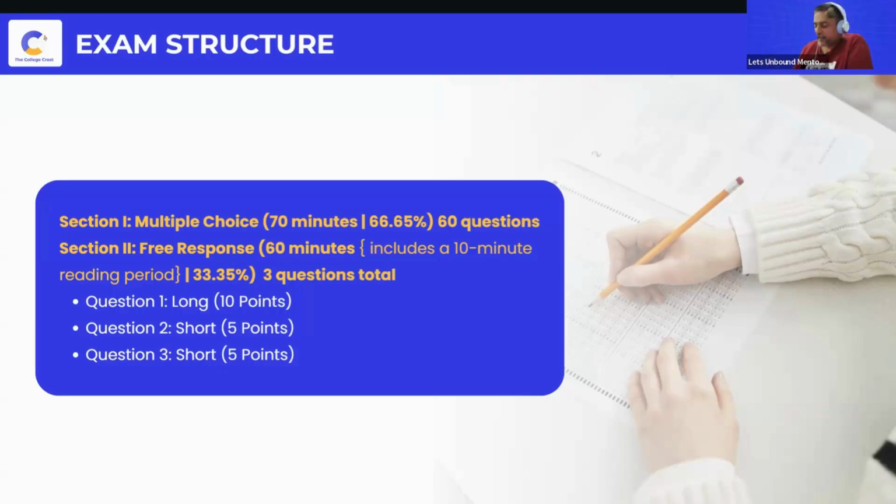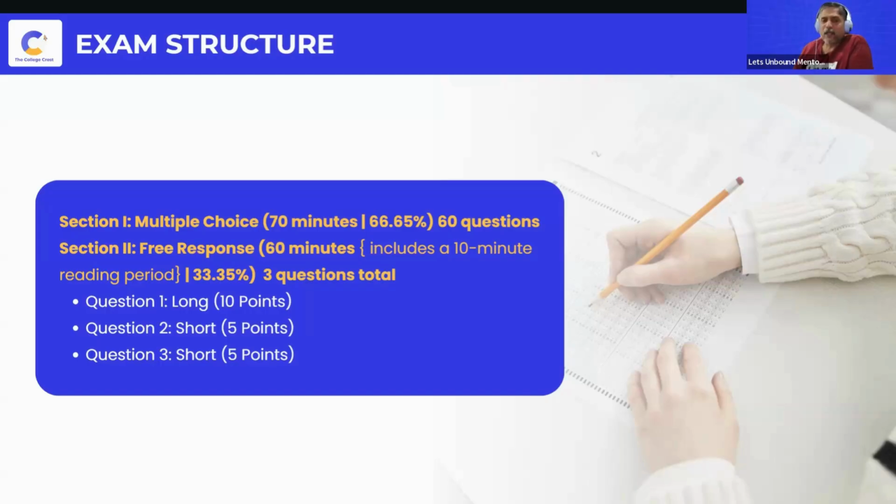Section 2 is a free response section where you are supposed to explain the graphs that we were talking about in detail. You are supposed to write explanatory answers based on those graphs. You are even supposed to draw graphs in most of the questions. You get 60 minutes for your section 2. Okay, and there are a total of 3 questions on that particular section.